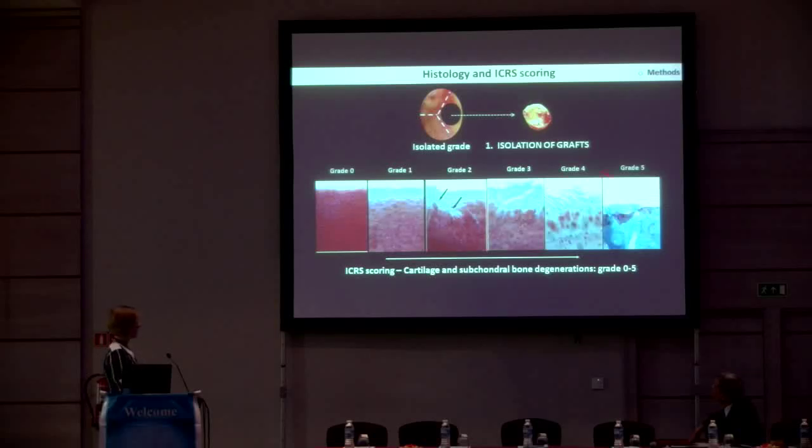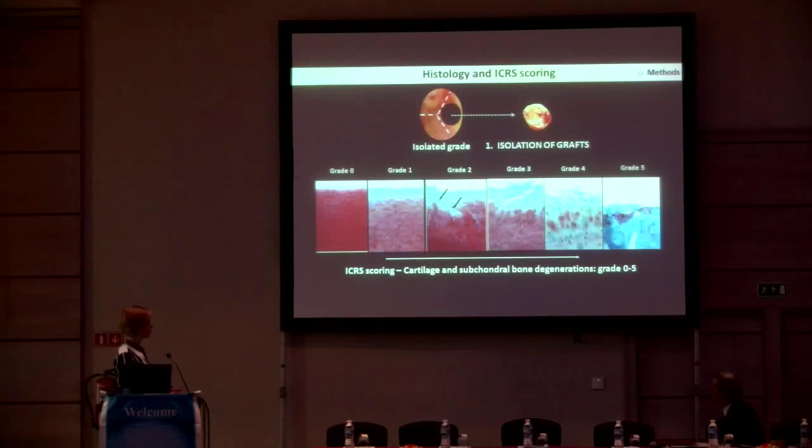To explain this further, for the histology part, after the histological procedure, we stain the histological samples with safranin O to see the distribution of the cells and the composition of the cartilage matrix. And then to establish the total histological score, we use ICRS scoring, which is the standard to score osteoarthritic cartilage samples. As you can see, this is based on a scale from grade 0 to grade 5, where grade 0 presents intact normal cartilage.